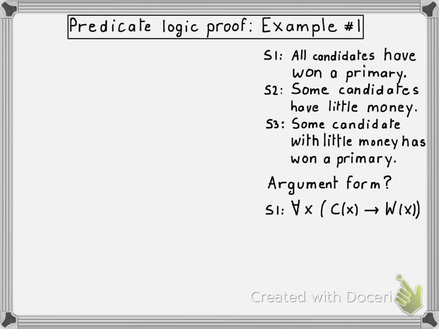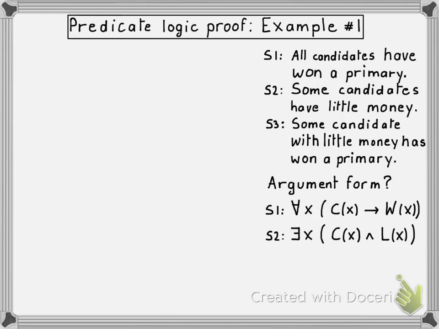Now for S2, we have a sentence of the form, some candidates have little money. That means at least one candidate, maybe more, has little money. So S2 is an example of an existentially quantified proposition, namely, there exists x such that x is a candidate, which is a predicate we already introduced before, and x has little money, which is a new predicate, L, needed for this proposition.